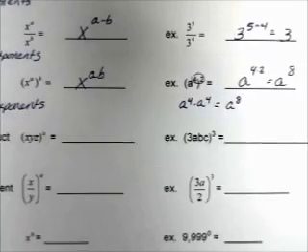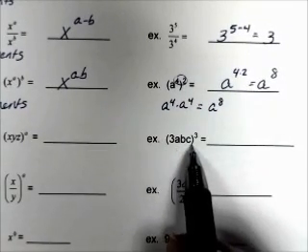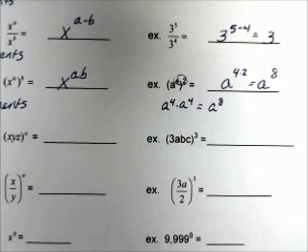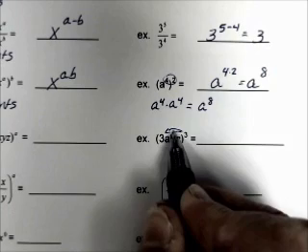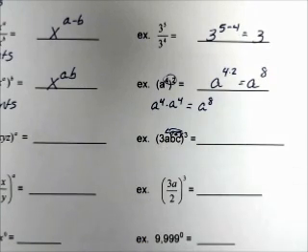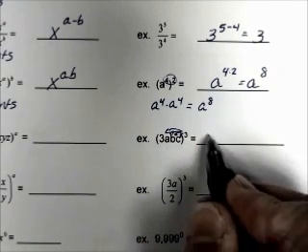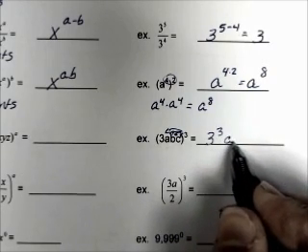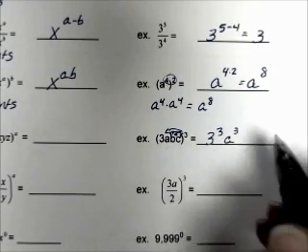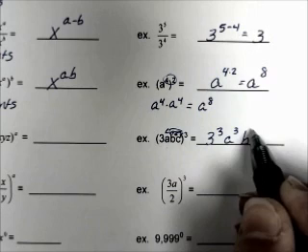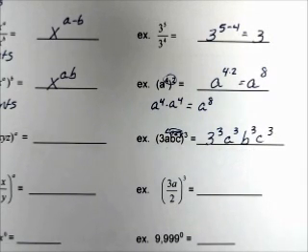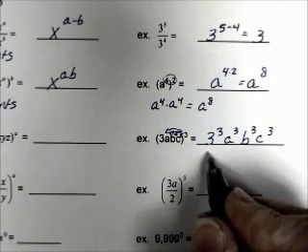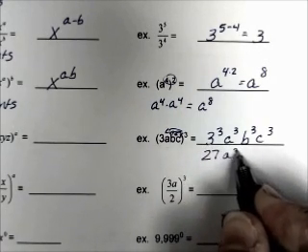Our next example, we have this product, 3abc, raised to the third power. What we do here is we distribute the exponent. So this would be 3 to the third, a to the first raised to the third, which is a to the third, b to the third, and c to the third. 3 to the third, remember, is equivalent to 27.